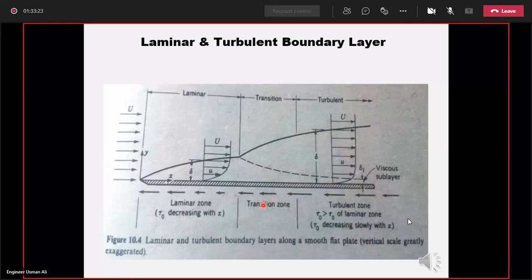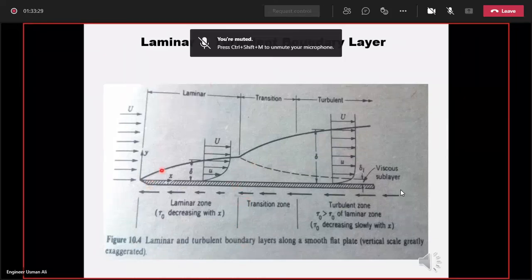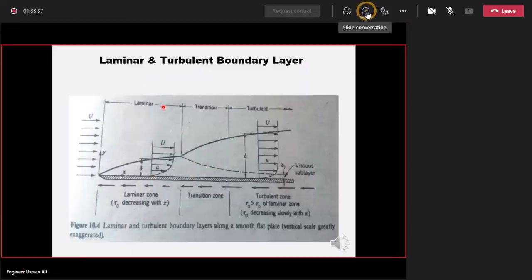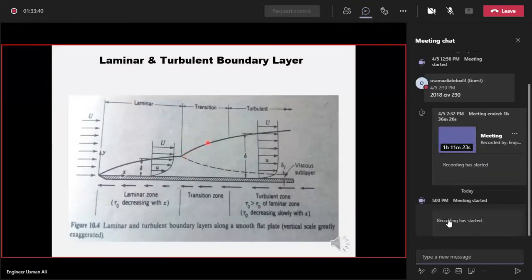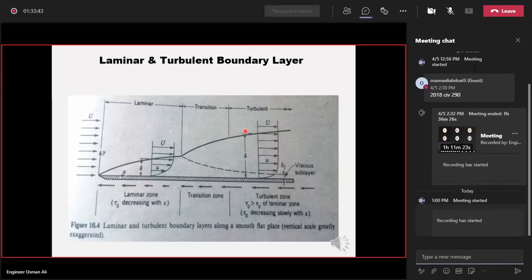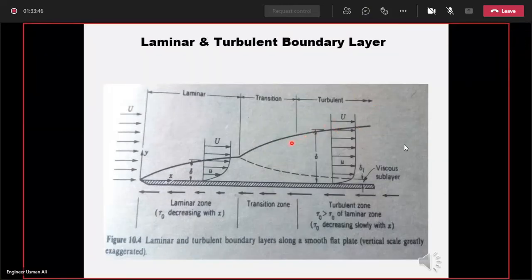So what happens? From the leading edge up to the distance XC, there is a laminar boundary layer, this one, and it has a parabolic velocity profile. Now at distance XC, the laminar boundary layer starts changing to a turbulent boundary layer, and before it reaches a true turbulent boundary layer, there is a transition zone.